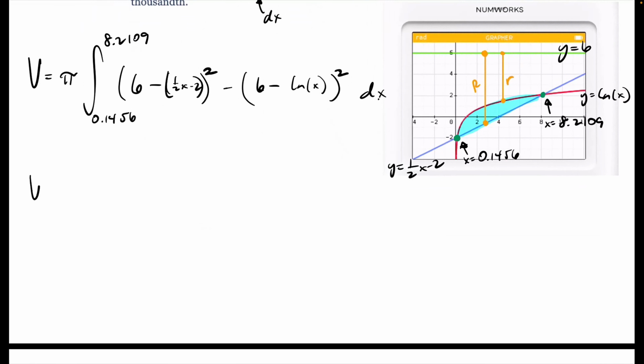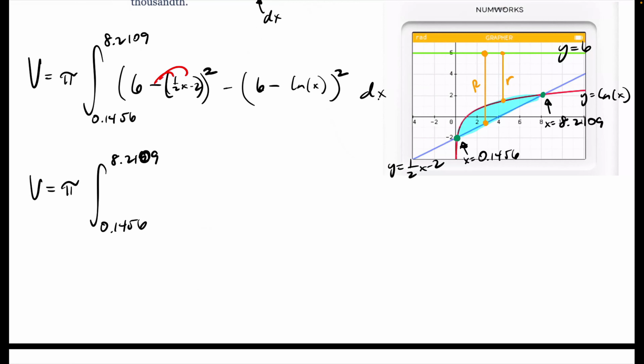So the bounds I just found by using my calculator, figure out where they cross. 8.219, 0909. So here what I'm going to do is distribute the negative. So it's going to be 6 minus 1/2 x, and then plus 2, right? So it's going to be 8.